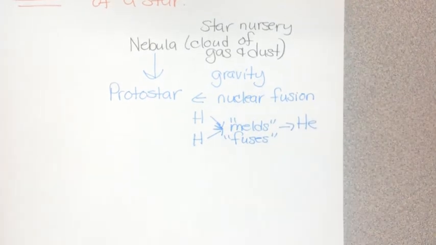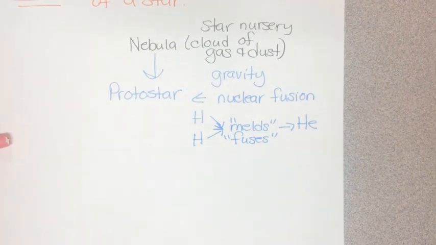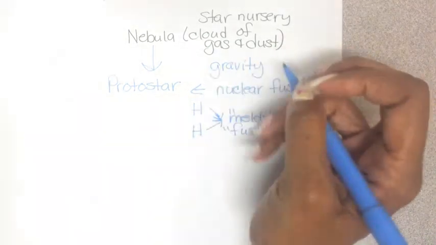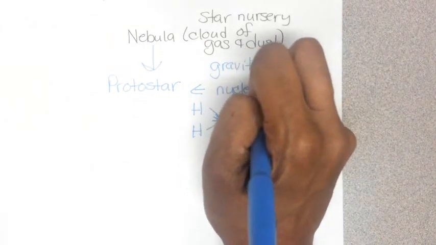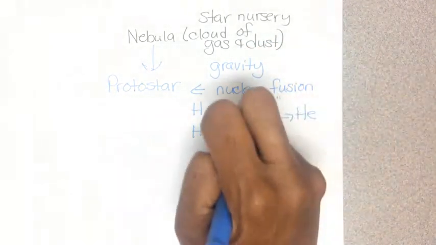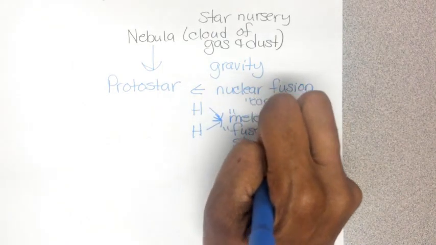So this is where you have two hydrogen atoms. They fuse together and make helium. I'm sorry, I'm trying to adjust the focus there. Nuclear fusion occurs in the core, and this is what causes the star to shine.